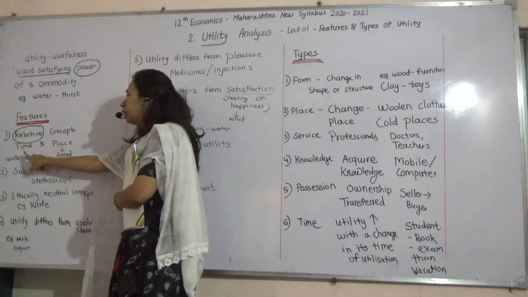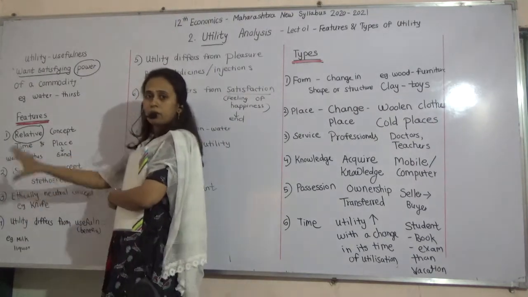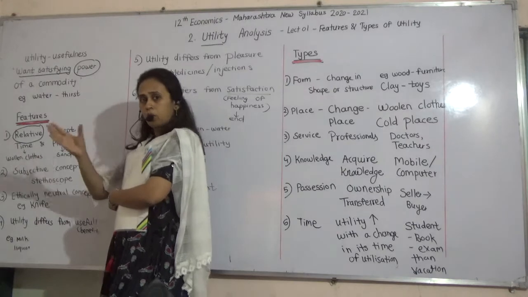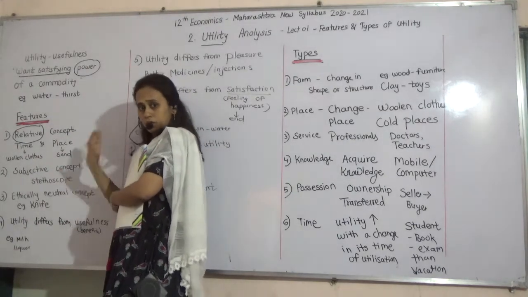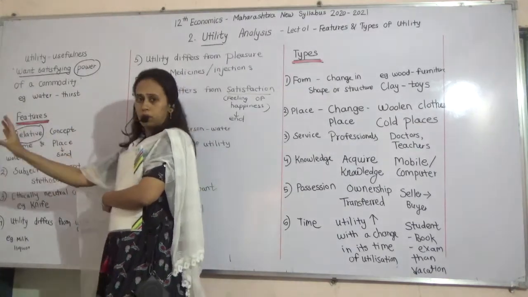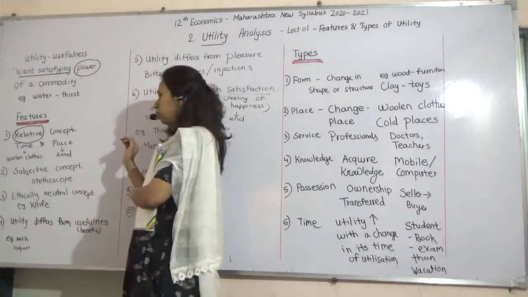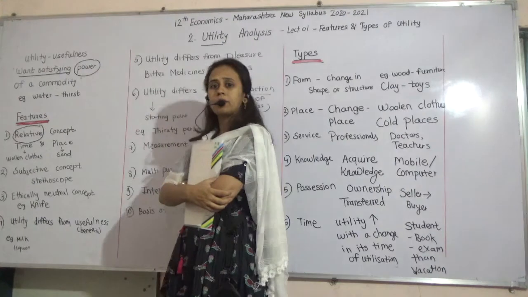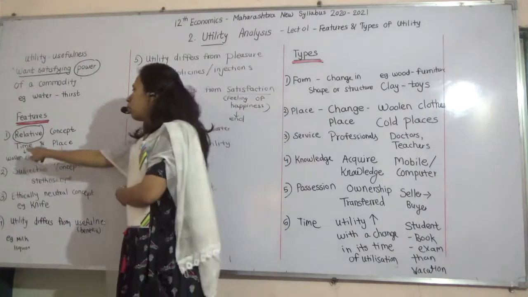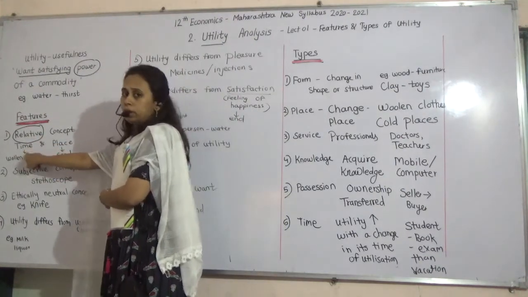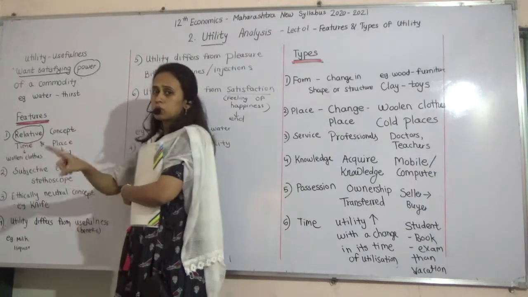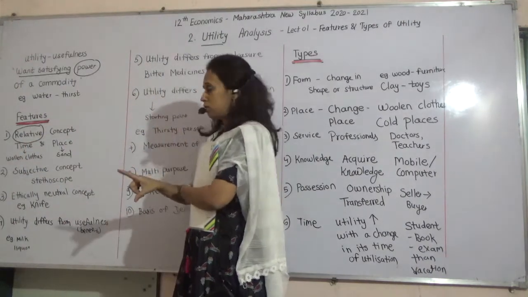So the same sweater is there, but according to time its utility has changed. It's in the cupboard now because I don't need it. But when winter season comes, I will start using it. So related to time, the utility of the sweater has changed.